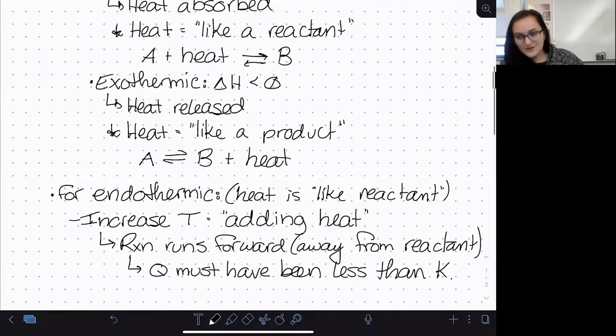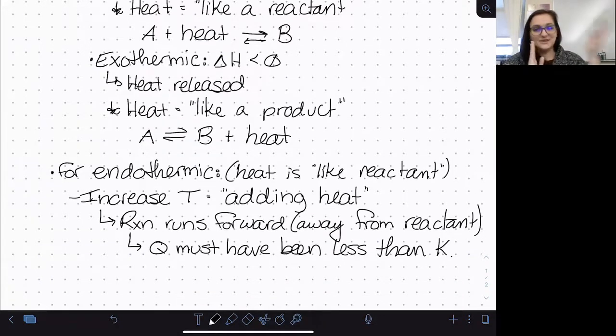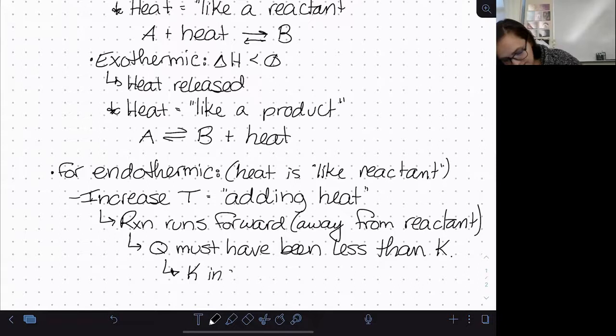So if they started out equal, K is what moved, and all of a sudden Q is smaller, that must mean that K increased when the temperature increased.